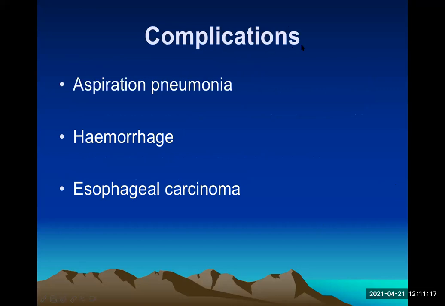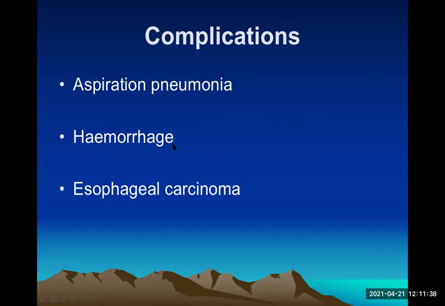Now, these are some of the complications of achalasia. One is aspiration pneumonia. Every student can understand that easily because food and fluid are not going distally. They are collecting there, and there's a high chance of aspiration into the airway, resulting in recurrent pneumonia.